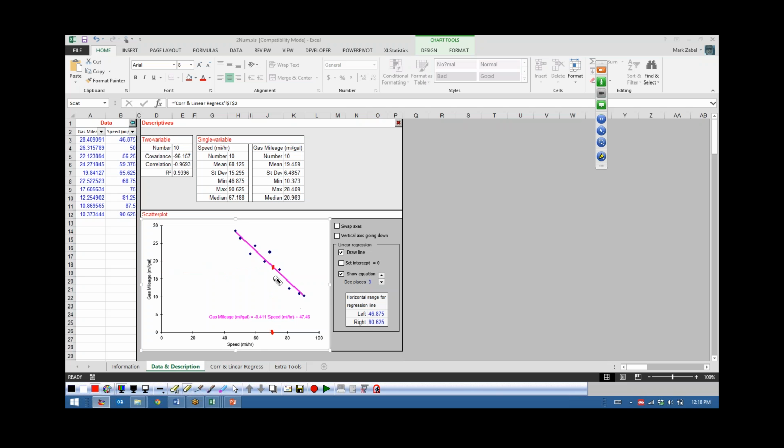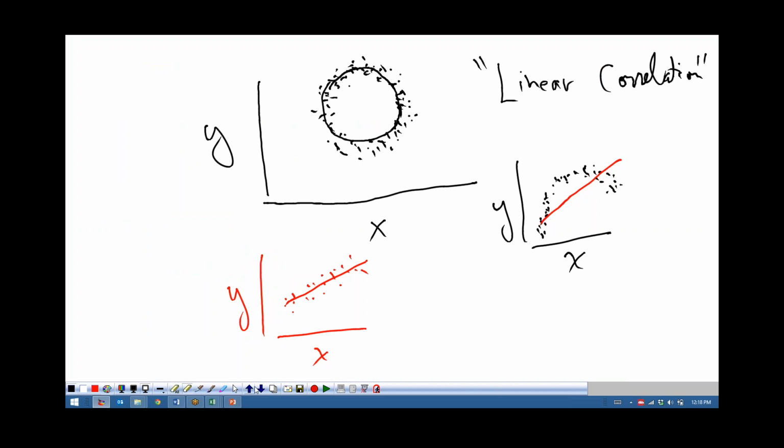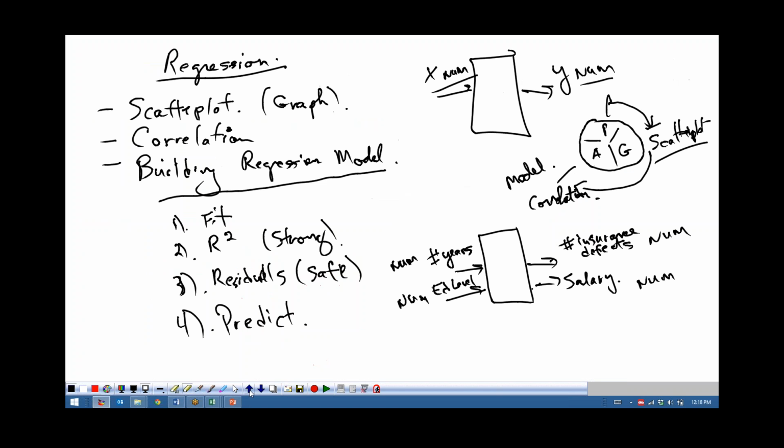So to do that, there's three different parts. Before we do that, we're going to look at the fit. We're going to look at the R squared, and we're going to look at something called the residuals.